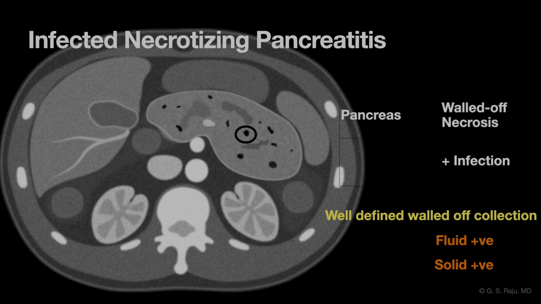That is in the first 4 weeks. And after 4 weeks, if you see a fluid collection walled off and everything is just fluid with no solid material, that is pseudocyst. When there's a mixture of solid and liquid material, that is walled off necrosis with or without infection.